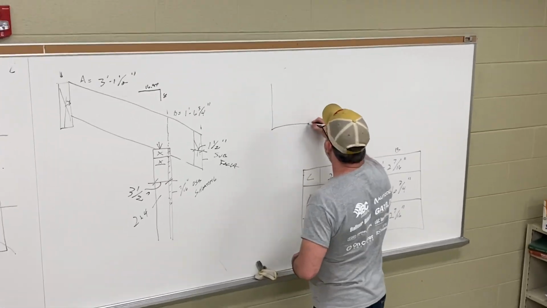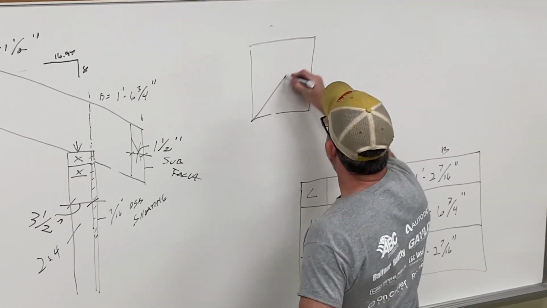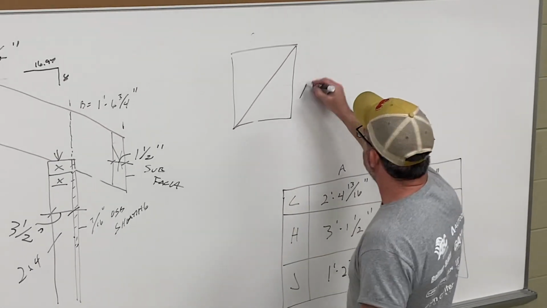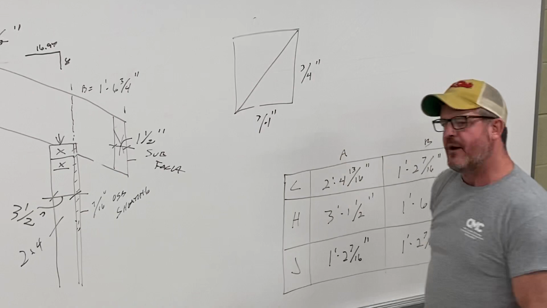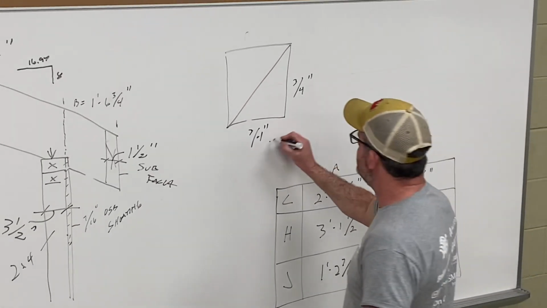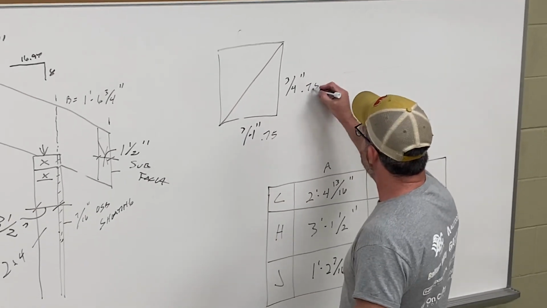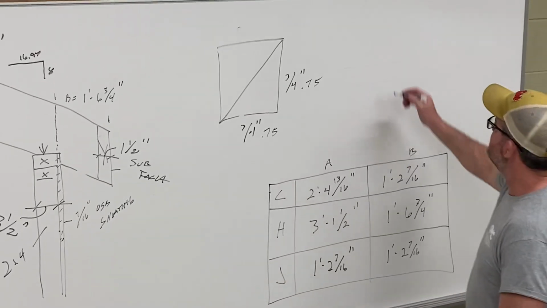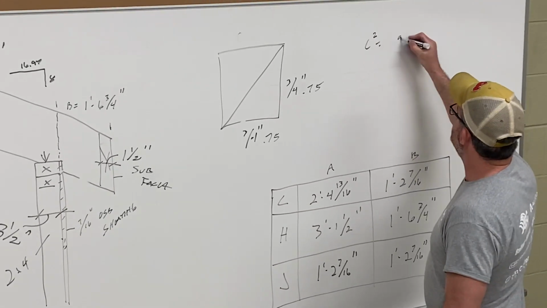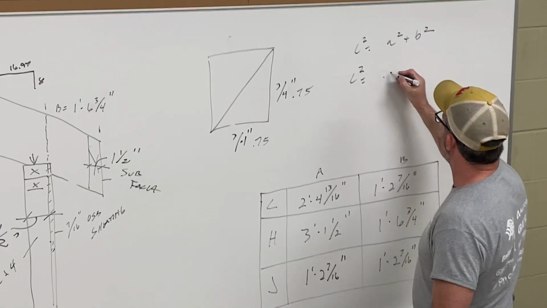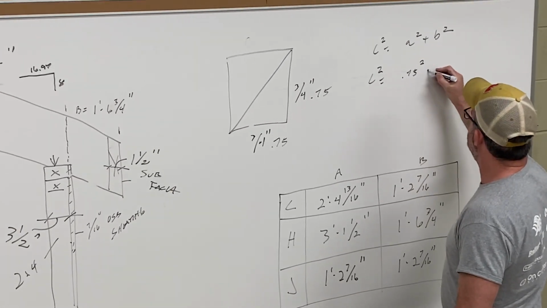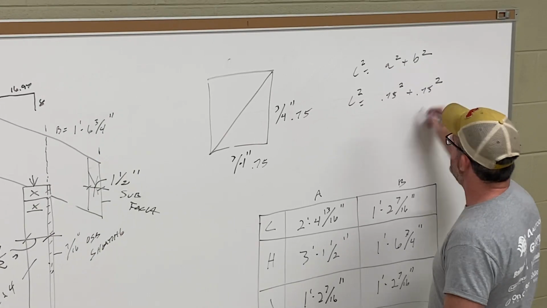Okay, if I have a box, and that box is 3/4 by 3/4, okay, can I solve for the hypotenuse? Yes, we can, the way we've done it a million times. Convert that to decimals, and I say c squared equals a squared plus b squared. So c squared equals 0.75 squared plus 0.75 squared.